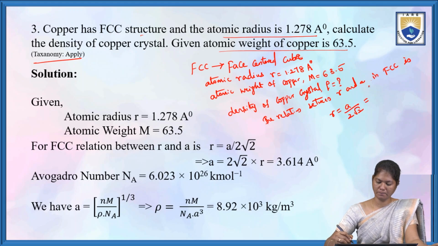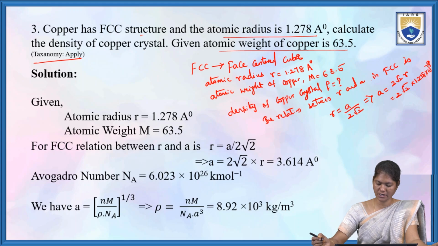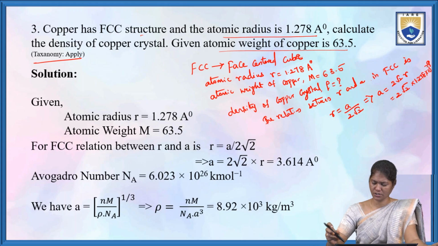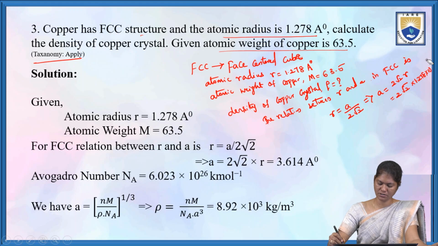We don't know A, so A is equal to 2 root 2 into R. So 2 root 2 into 1.278 into 10 power minus 10 meters.